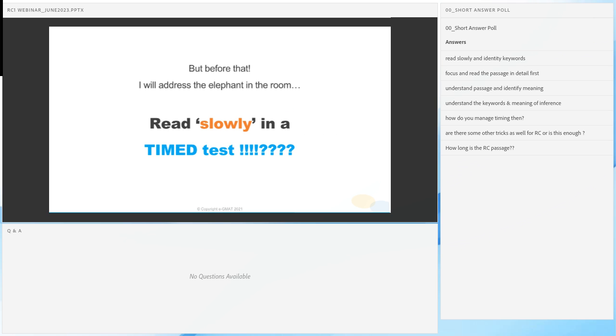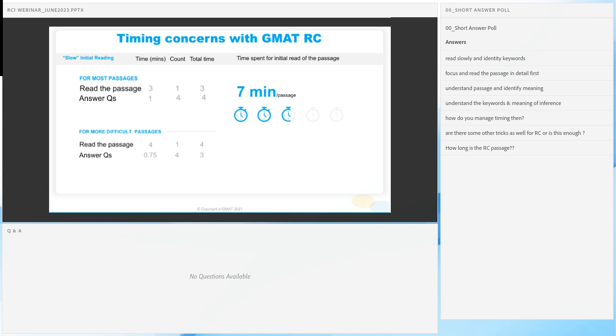Just in terms of data, one thing that we at e-GMAT do really well is we calculate data for every damn thing. Here is how things are going to work out for you. For most passages, if you read slowly, you're going to spend 3 minutes reading the passage.